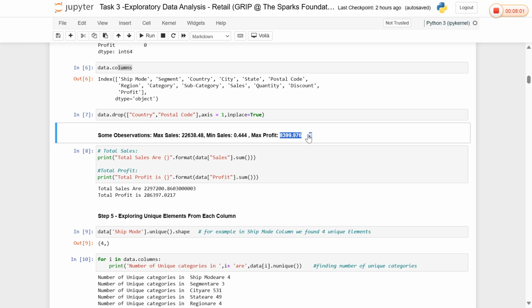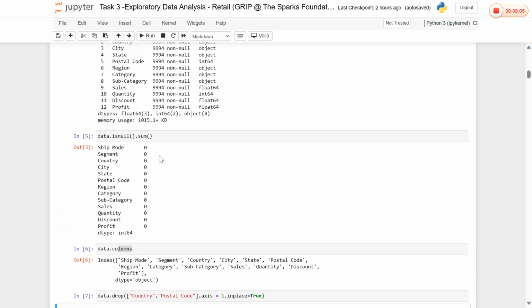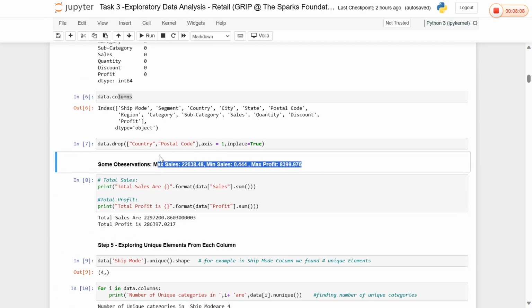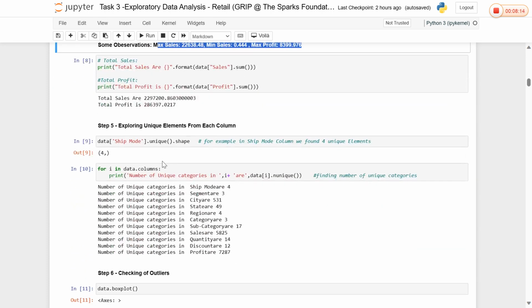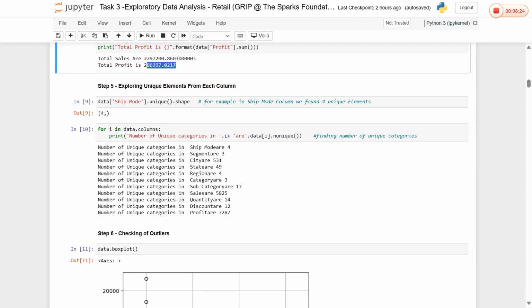It is mainly in dollars because we are analyzing various countries from the European side. From that we have found the total sales and the total profit.